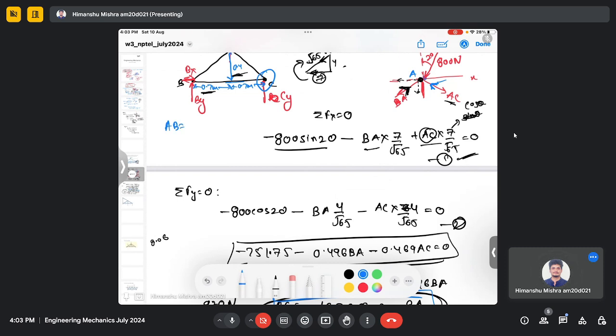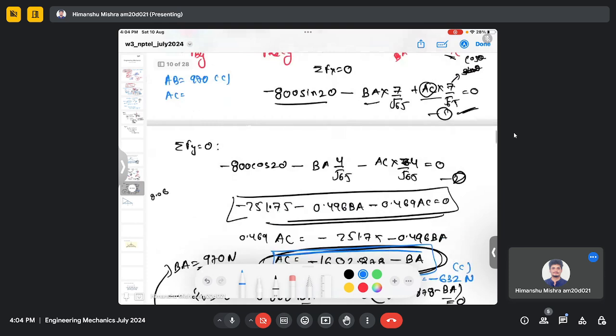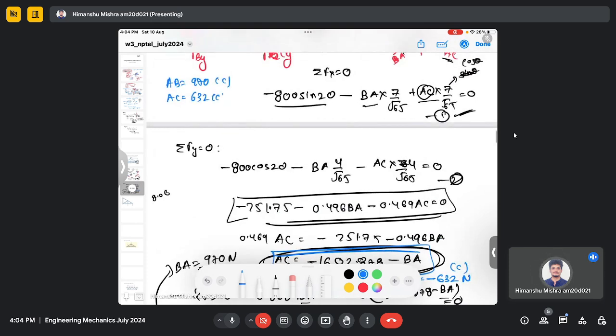AB is 970 compressive and AC is 632 compressive.